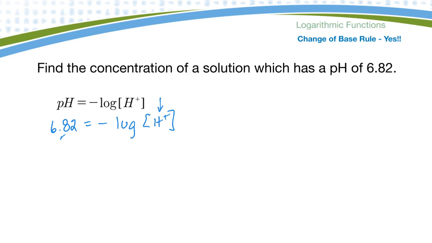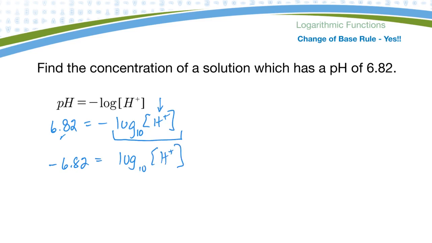It comes in handy knowing how to change from one form to another. Let me show you. There's no base written on the log, so I assume that that's base 10. So what I need to do is isolate this piece, and so I'll divide both sides by -1. So I'll come up with negative 6.82 is equal to log base 10 of the hydrogen ion concentration.